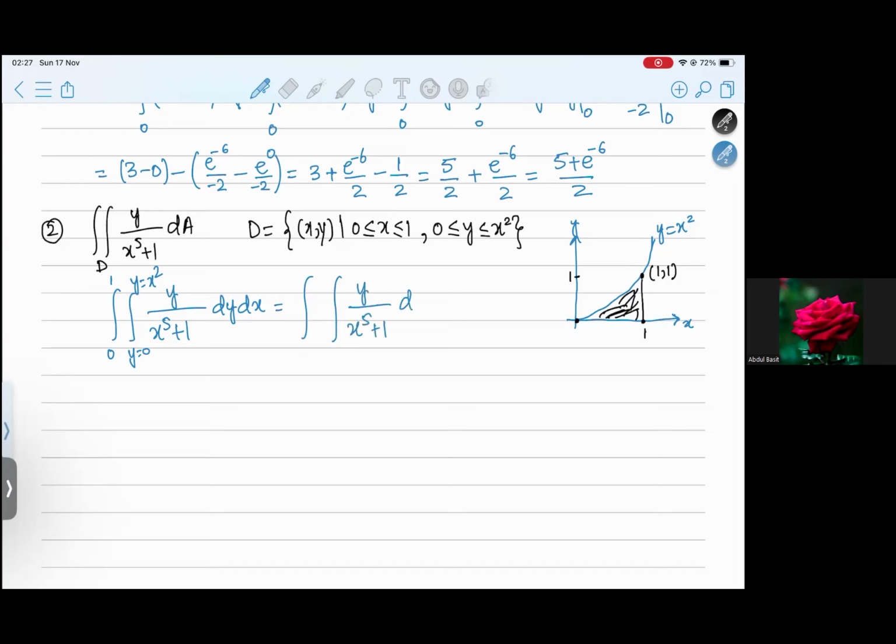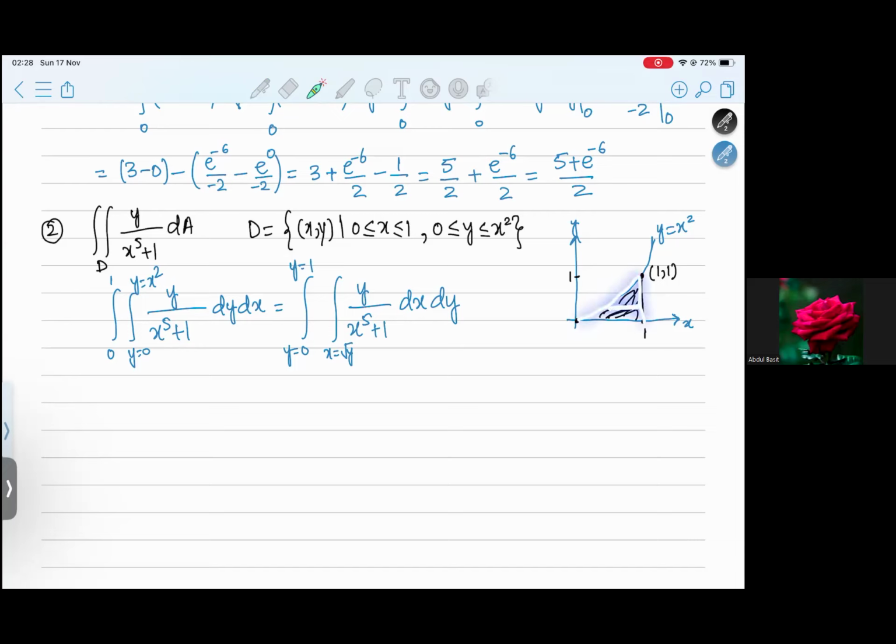And I can write this integral as, if I evaluate it with respect to x and then with respect to y, the y values are going from 0 to 1, so y is equal to 0 till y is equal to 1, and the x values are going from y is equal to x square, so x is equal to under the root y, till from here till here.